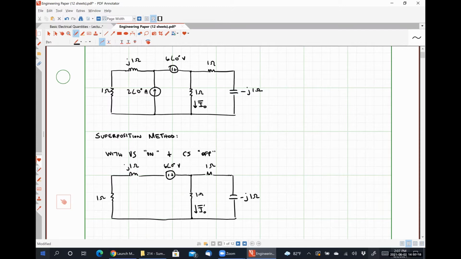I say that because I don't know the currents, and there's going to be more than one unknown current that we're dealing with. If I were going to write multiple KVL equations, I probably would have just started with mesh analysis to begin with and wouldn't use superposition, if that makes any sense.